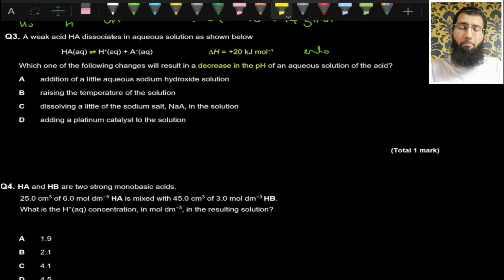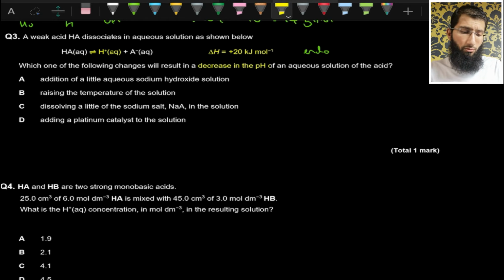So we want it to have more H plus ions in solution. If we look at the equilibrium sign, we can see that we've got H plus on the right hand side. So we want to apply a change to this equilibrium which is going to cause more H plus ions to be made. In other words, we want the equilibrium position to be shifted to the right hand side in favor of the H plus.